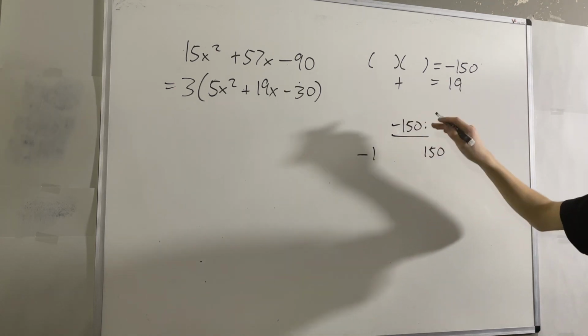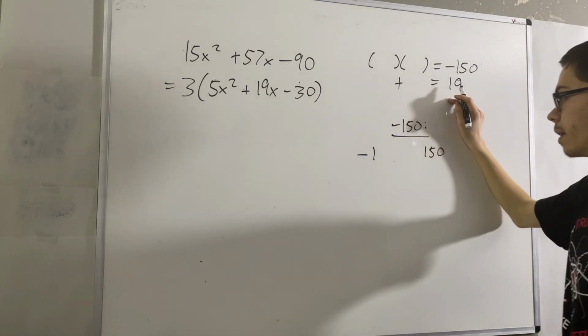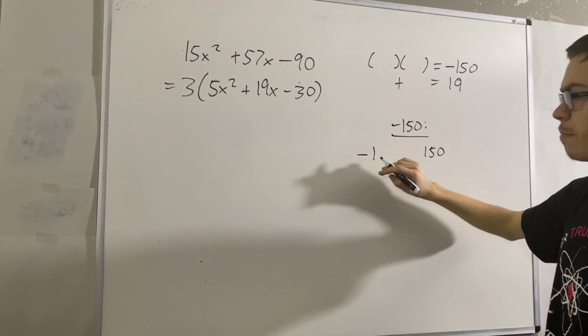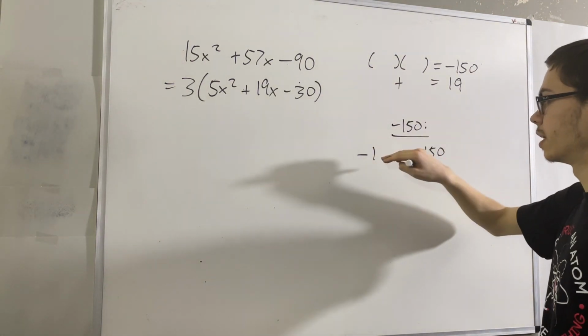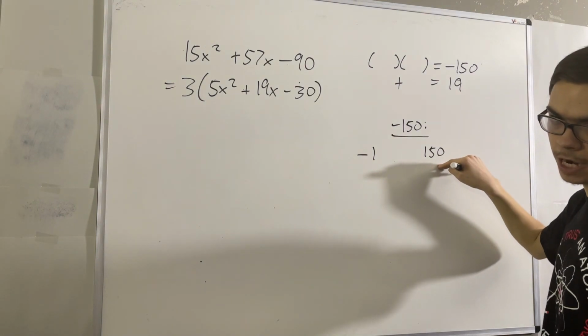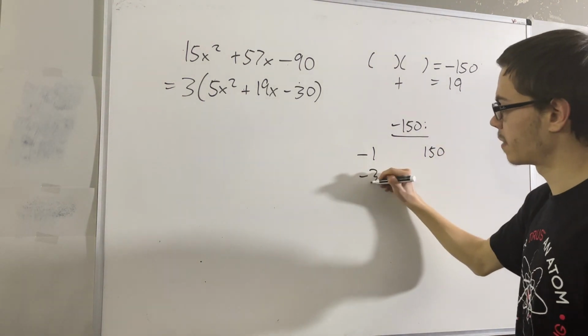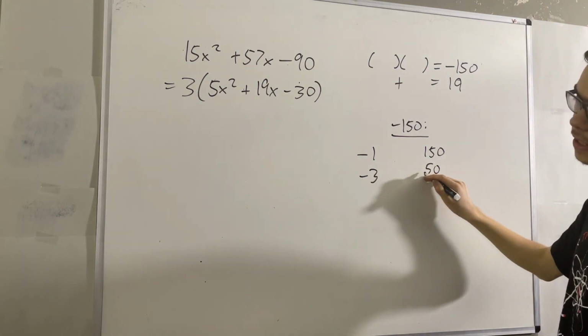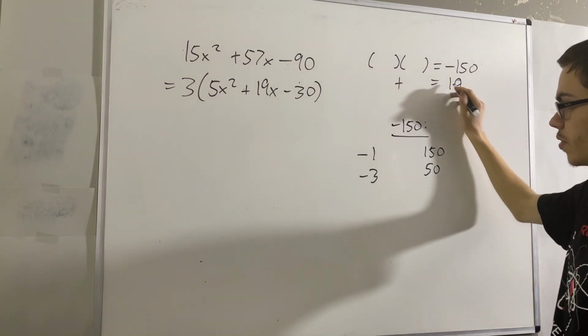It's not 19, so we have to keep going. Now, instead of considering 2, because I'm pretty confident by inspection, negative 2 and whatever the other pair is won't work, let's just skip to negative 3 and see if that works. Well, when you add these together, that's 47, not equal to 19, so we just keep going.